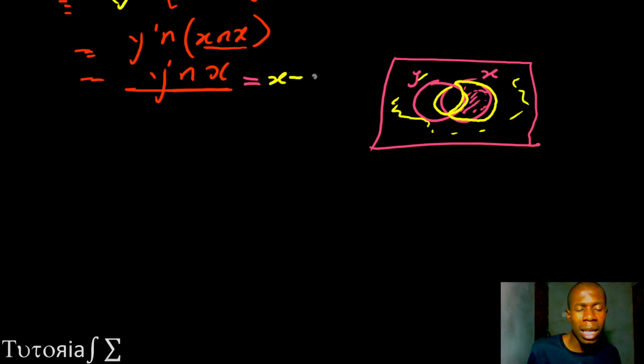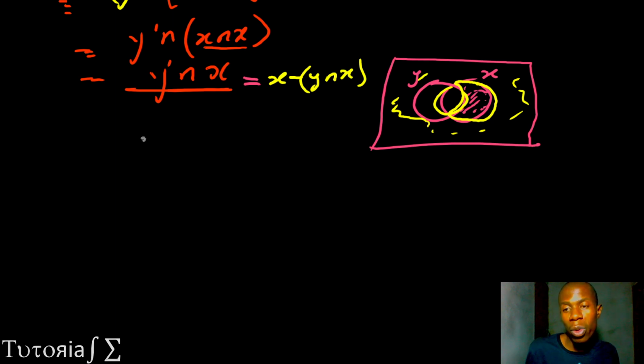So x minus y intersection x. This is also an axiom, so it can be written like that as well.